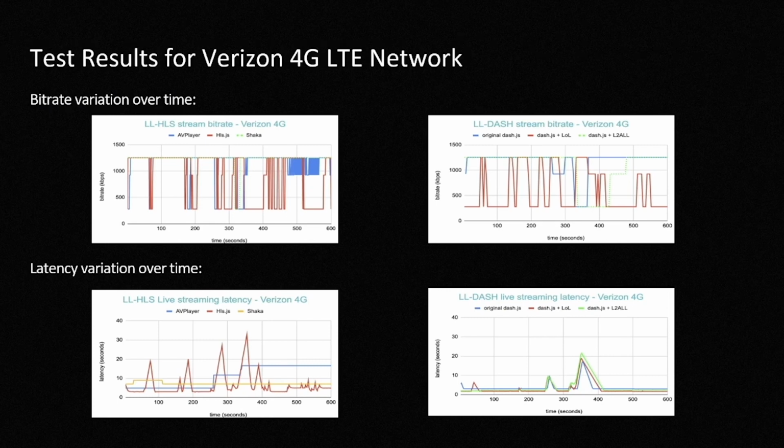What we see first is that in both cases, throughout our sessions, the clients were switching a lot. For instance, close to the end of the session, AVPlayer was switching almost on every segment. It's a pretty densely filled region down there. But luckily, it was staying close to the top rendition for most of the time. Some other clients were sticking to the lowest rendition.